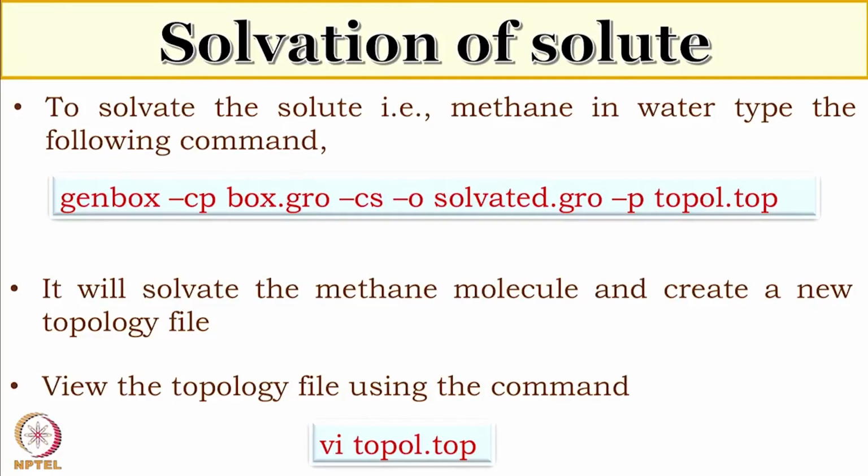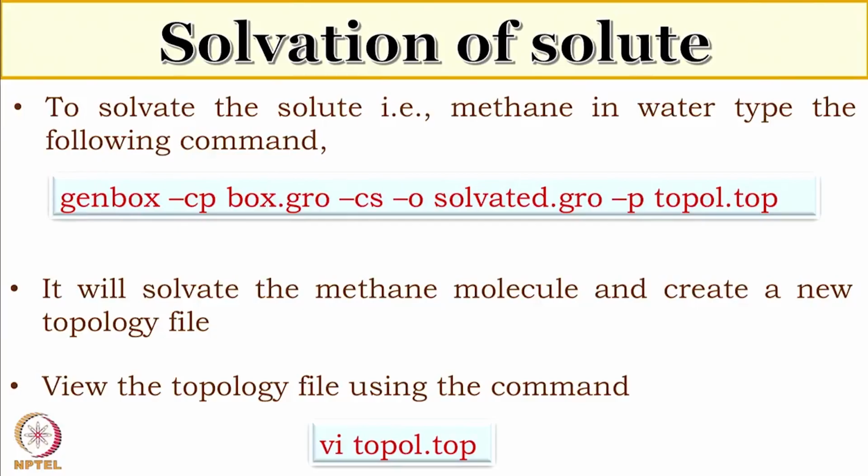Initially in my topology file, I will only have the coordinates of methane, the force field parameters of the methane molecule. But now, since I also have water molecules, it will add the water molecule to my topology file. As we have already seen in the case of S peptide, it modifies the topology file. So, it will solvate my methane molecule and create a new topology file.